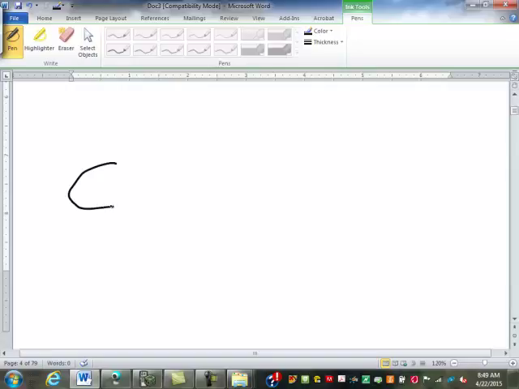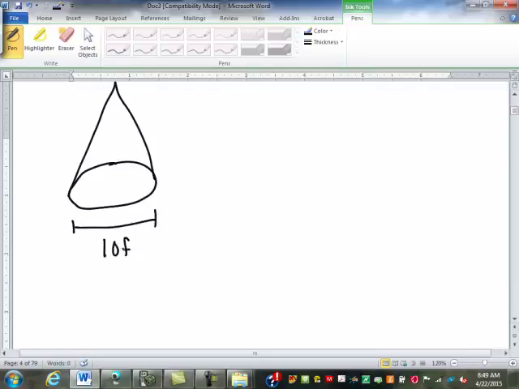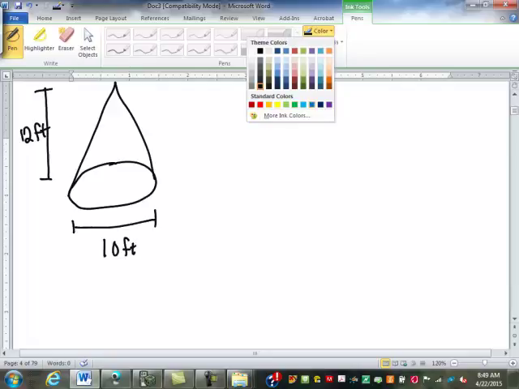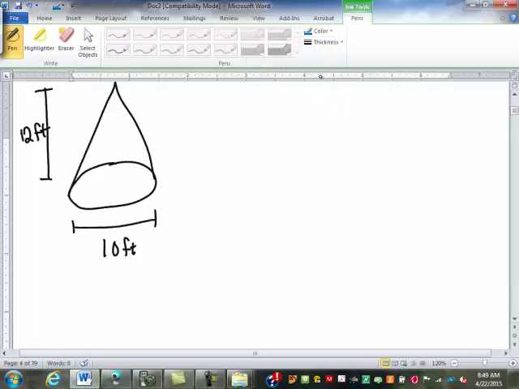What if we got a cone? Well, here's why I defined everything the way I did for the pyramid, because now everything on the cone is exactly the same.